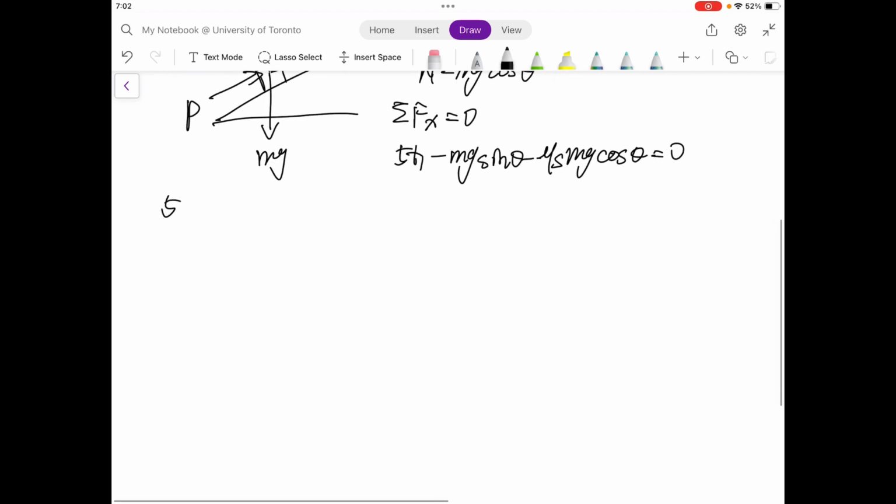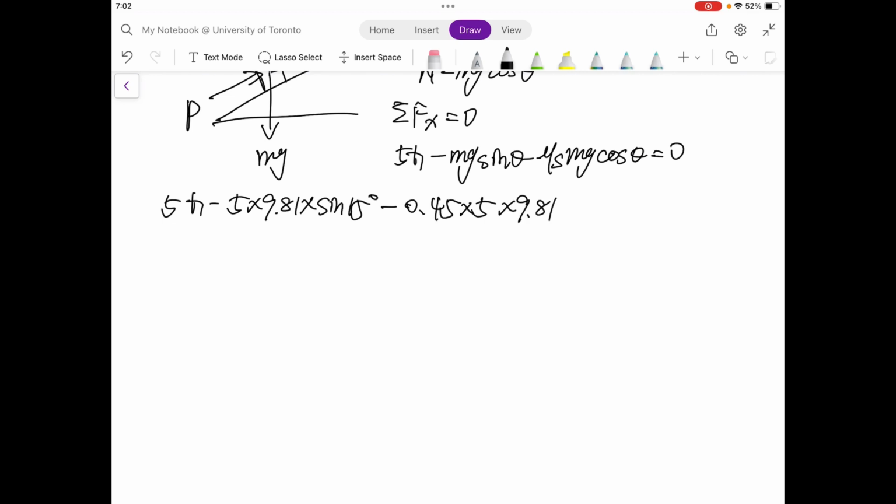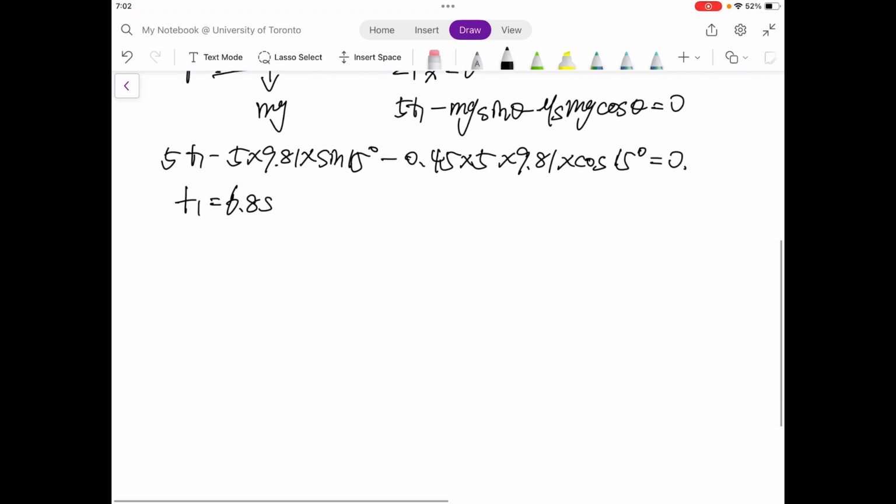So 5t minus 5 times 9.81 times sine 15 degrees minus 0.45 times 5 times 9.81 times cosine 15 degrees is equal to 0. t1 is equal to 6.8 seconds. So that is the time that it takes to make the block move.